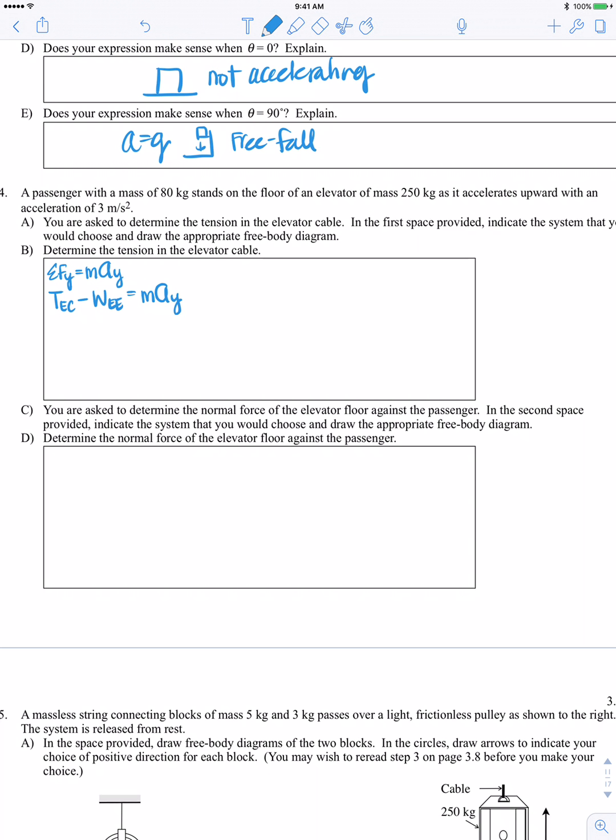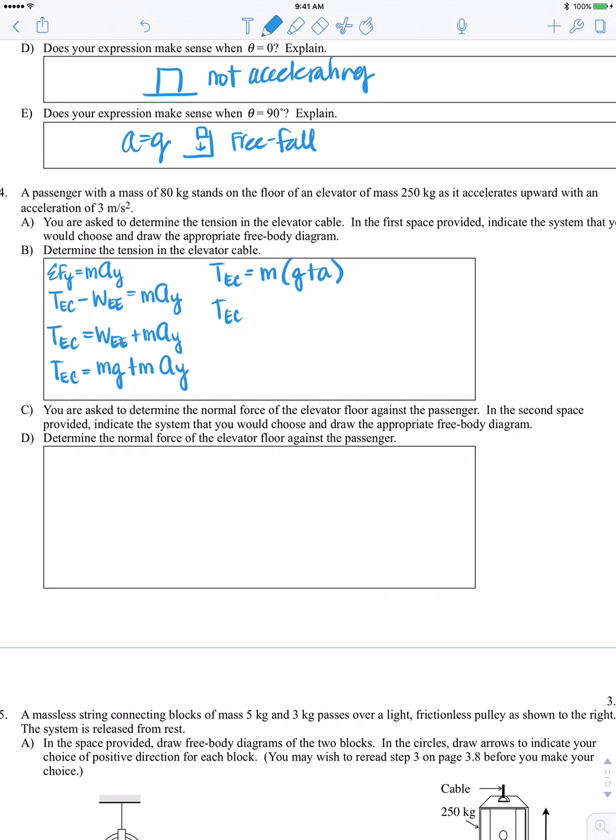Now acceleration was given, it's going 3 meters per second upwards. Okay, so tension is equal to weight force plus MAY, but the weight force is equal to mg, or tension in the elevator cable is equal to mass times gravity plus acceleration.